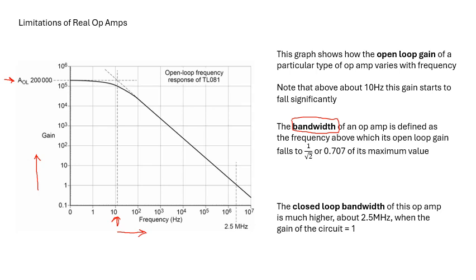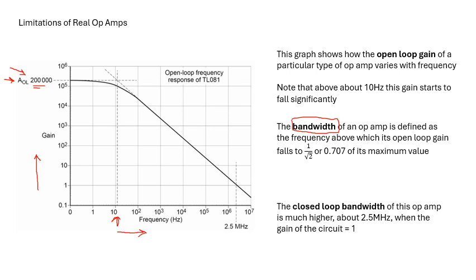Well, it's the frequency above which its open loop gain falls to 0.707, which is 1 over root 2, of its maximum value. At this point here, the open loop gain is 200,000, and then when does it fall to 200,000 divided by root 2?